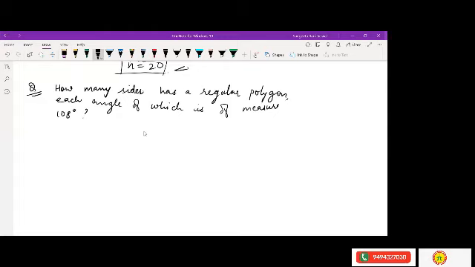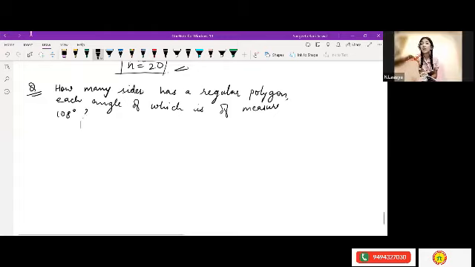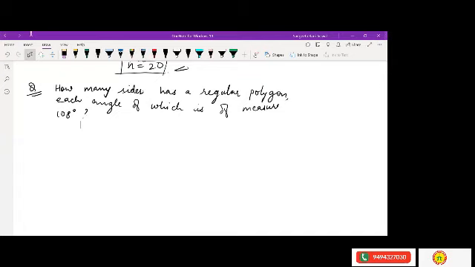Shall we do this? Try this. Each angle of which is measured 108. Okay.